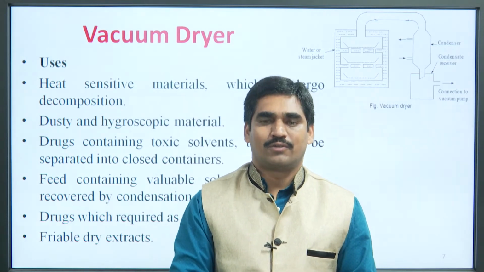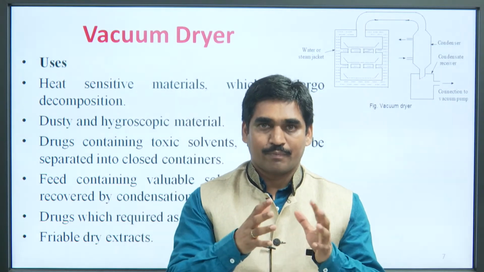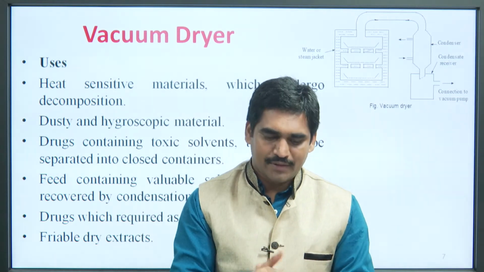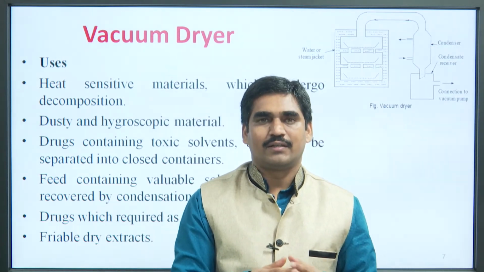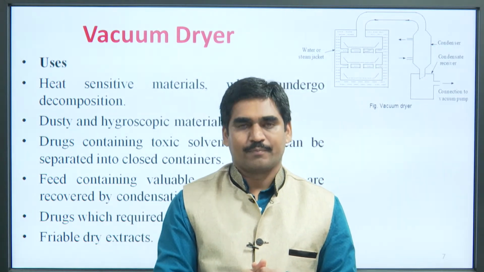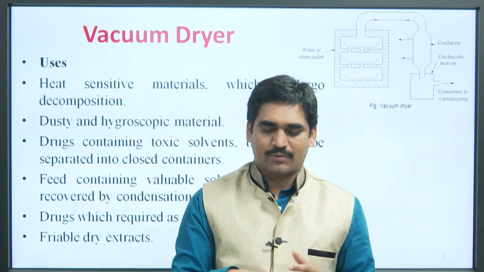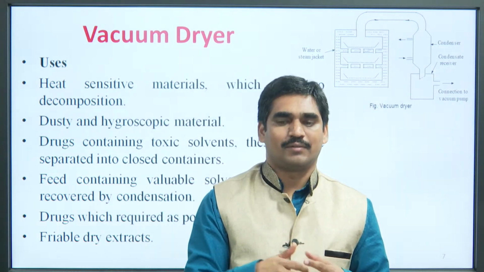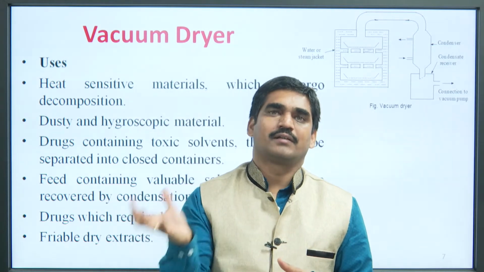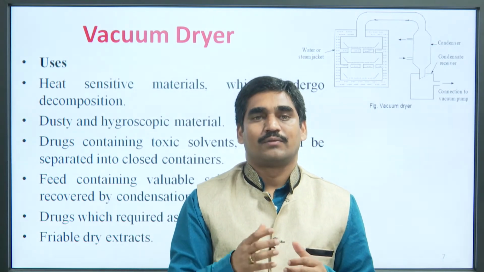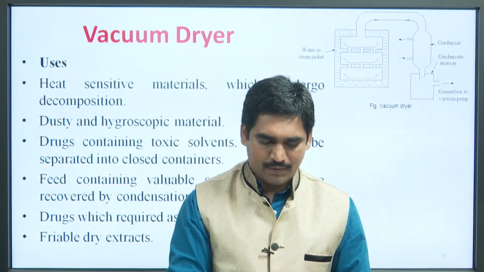Drugs containing toxic solvents, where these solvents can be separated into closed containers, can also be dried in a vacuum dryer. Feed containing valuable solvents can be recovered by the condensation process. Drugs which are required as porous end products can also be dried in a vacuum dryer. Friable dry extracts can also be produced by using vacuum dryers.